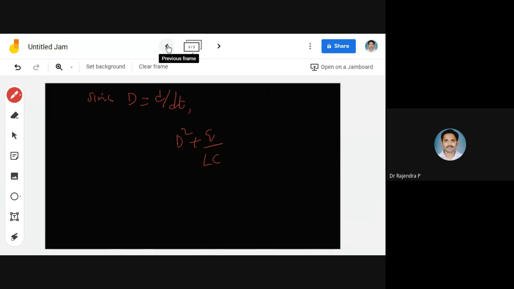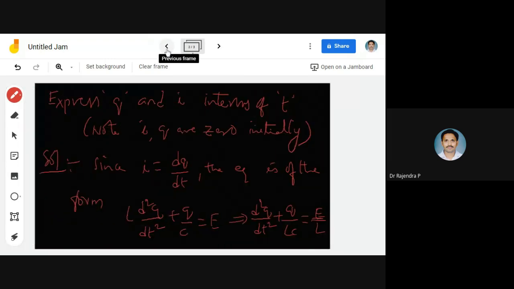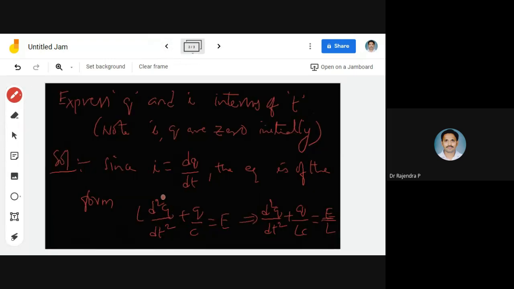Here also q will be there. So D square q plus q by LC, and Q we can take as a common factor.